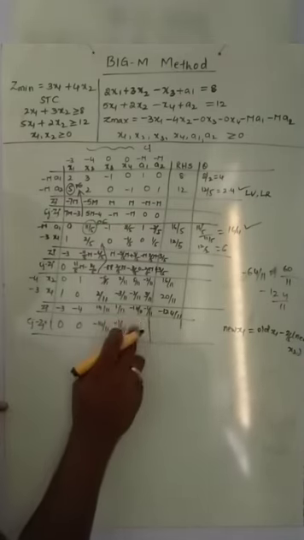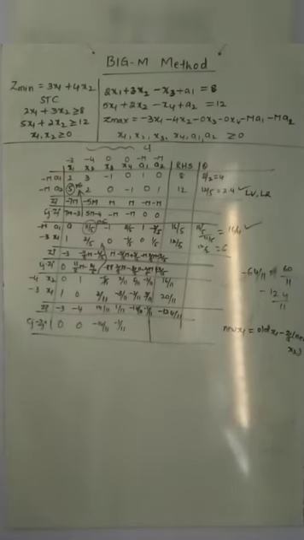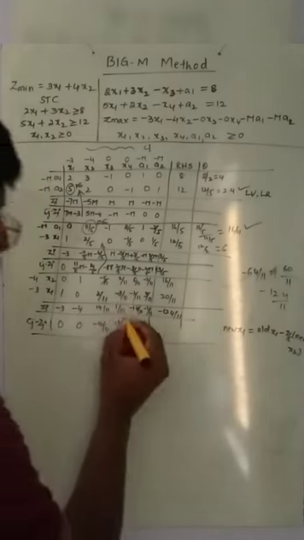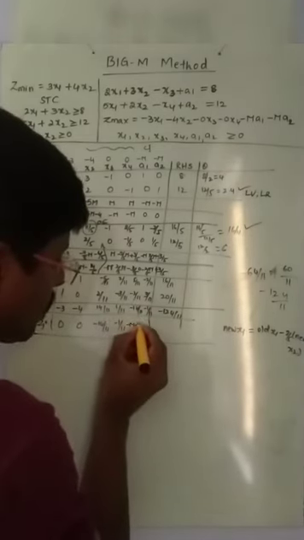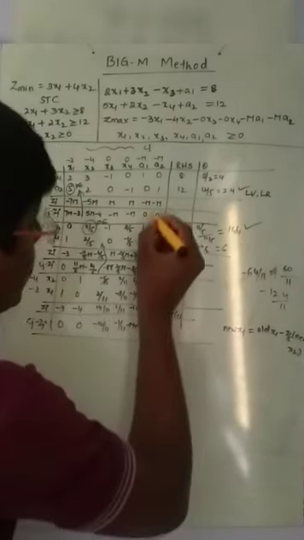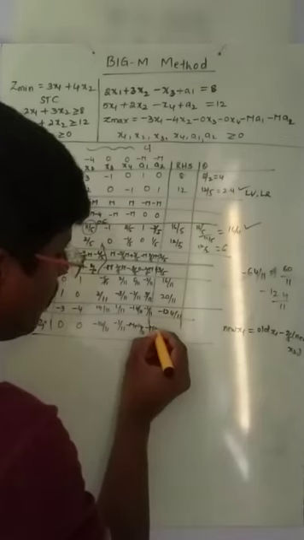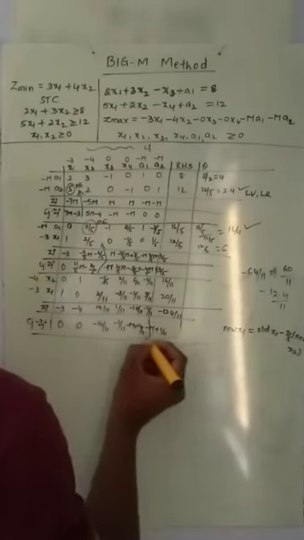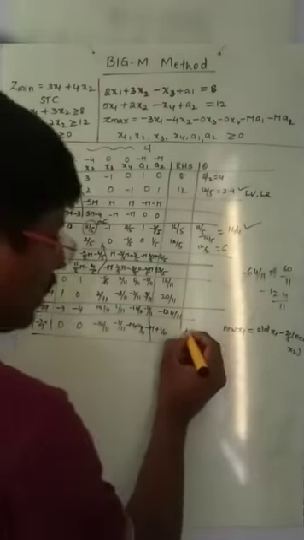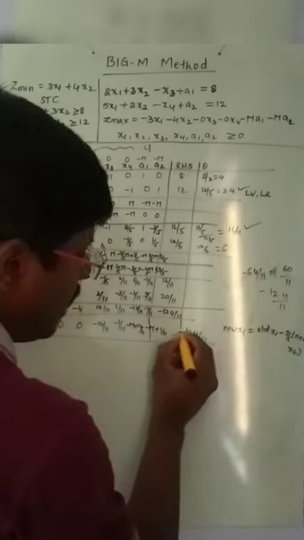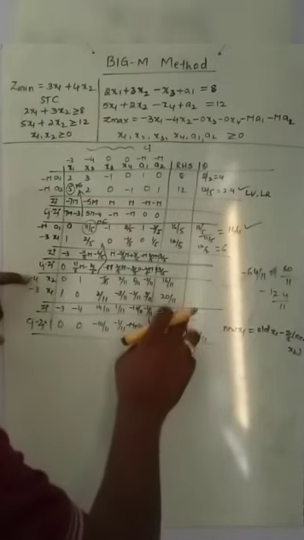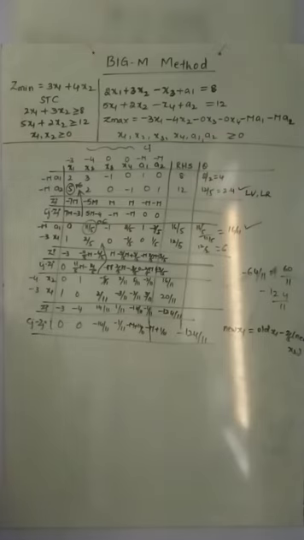This becomes minus m plus 14 by 11, and this becomes minus m plus 1 by 11. And finally we got 124 by 11 as this one minus this one, which is minus 124 by 11.